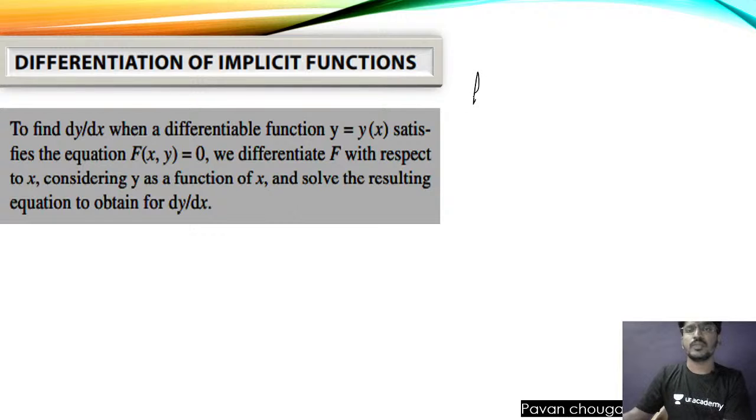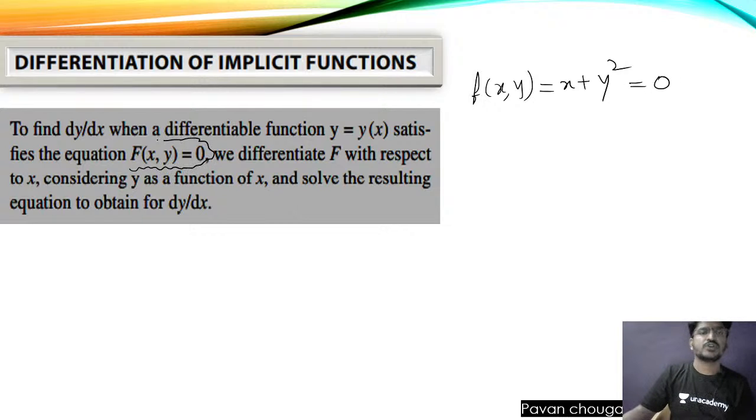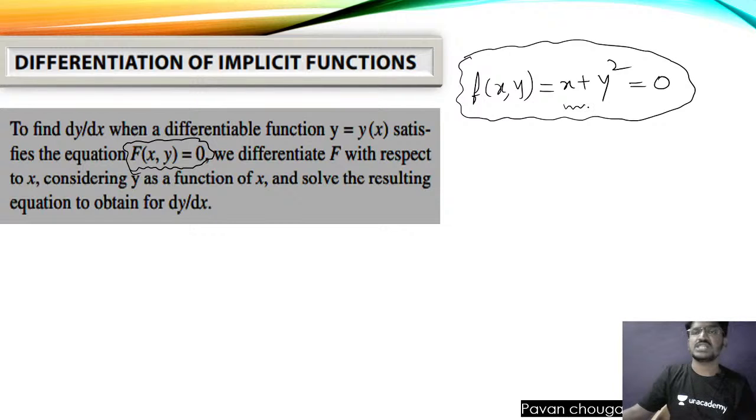They will give you a function with two variables, for example, x plus y square equal to 0. That is, f of x comma y equal to 0. I have taken a simple example, x plus y square.